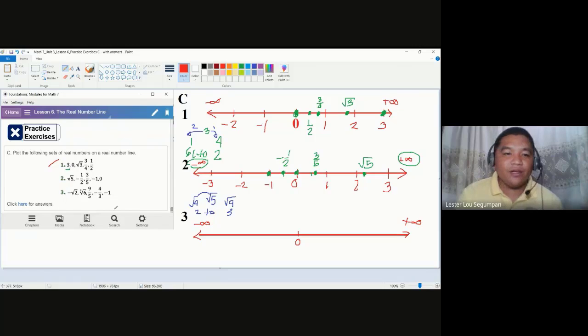In the previous video, we know that negative square root of 2 is approximately negative 1.4. Negative 4/3 is negative 1.3333, but it doesn't end.